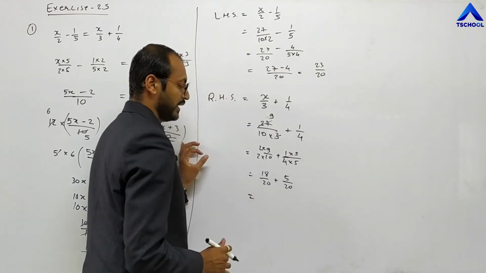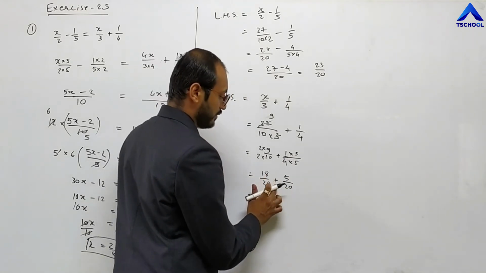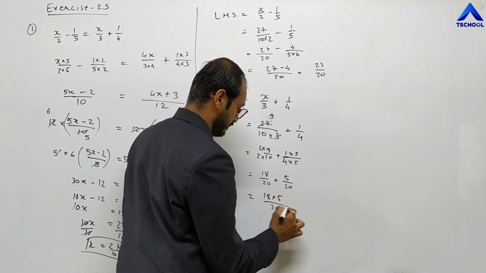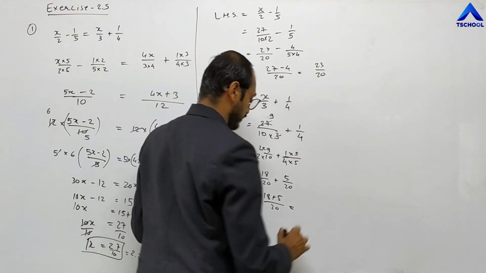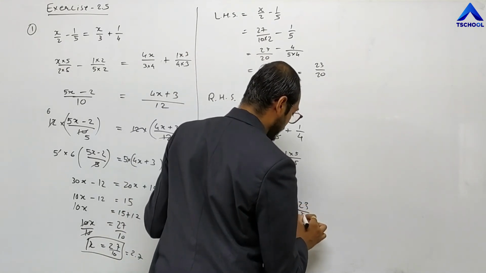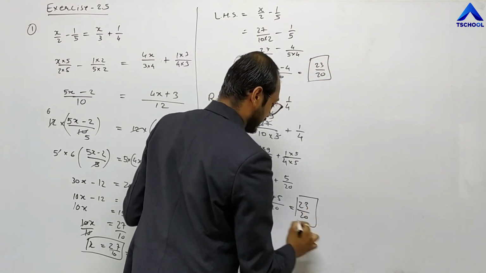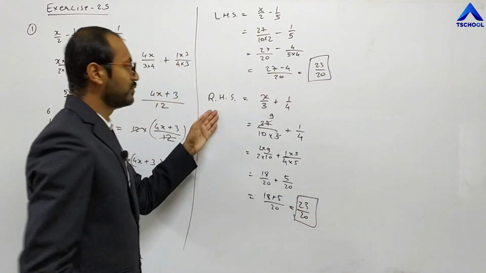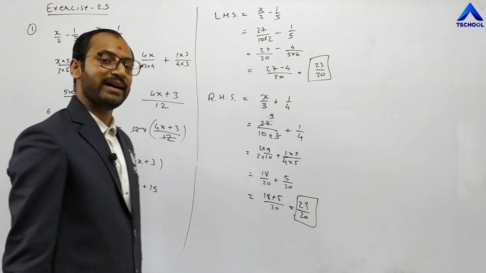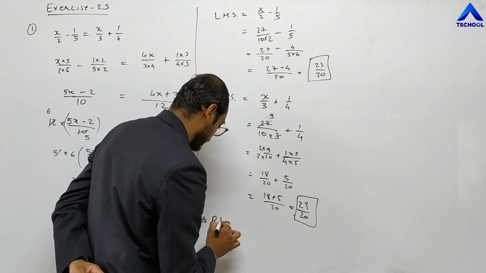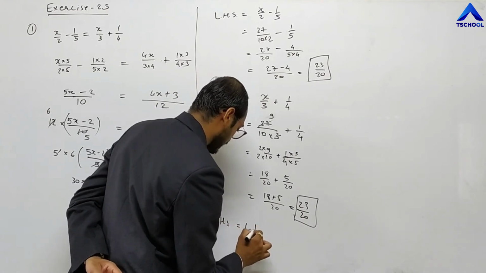The denominators are the same, so we add the numerators: 18 plus 5 is 23 by 20. See, both LHS and RHS contain the equal answer. Hence the equation is verified, RHS equals LHS.